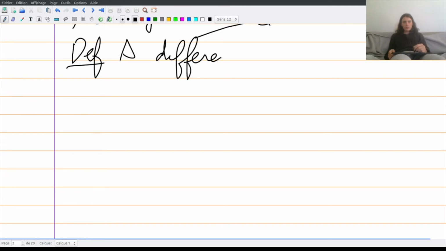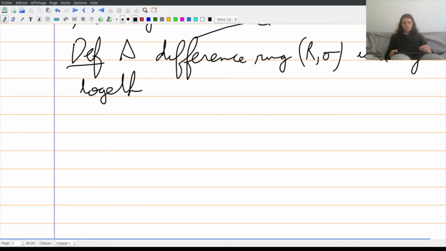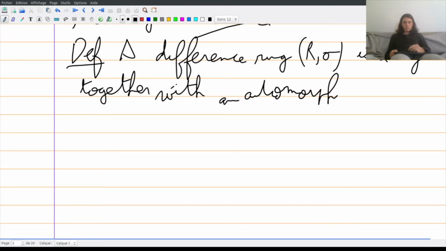A difference ring, or (R, sigma), and most of the time I will just say R, is a ring together with an automorphism sigma from R to R.